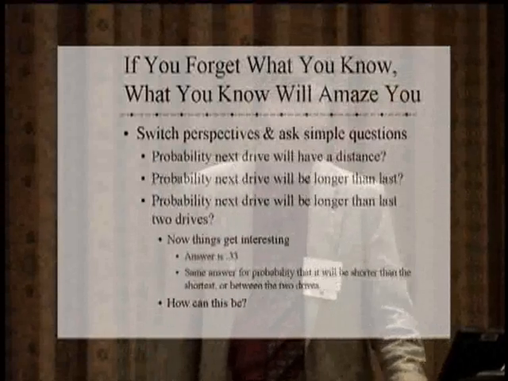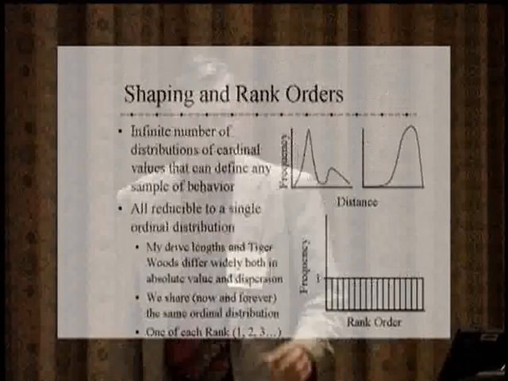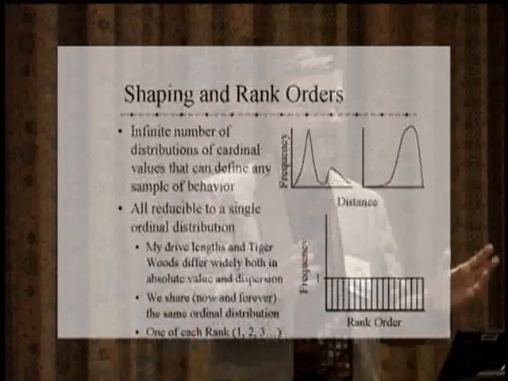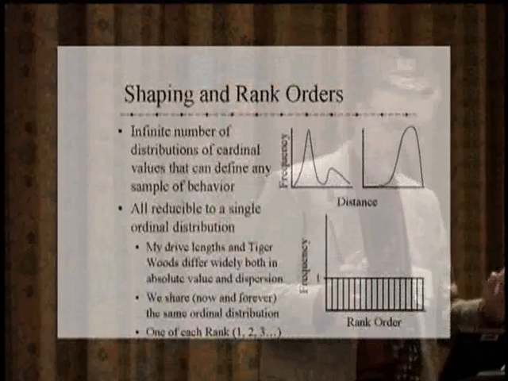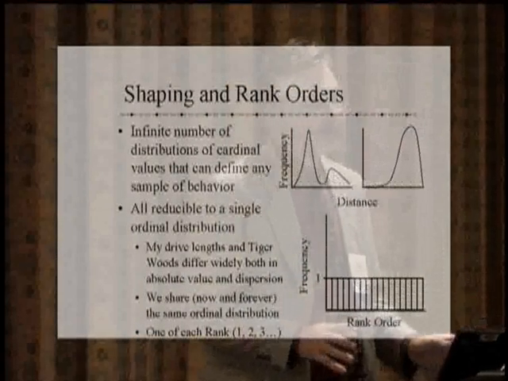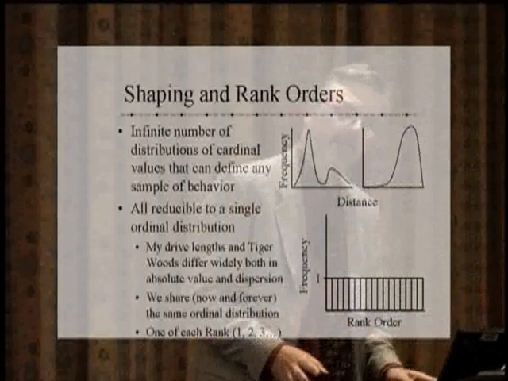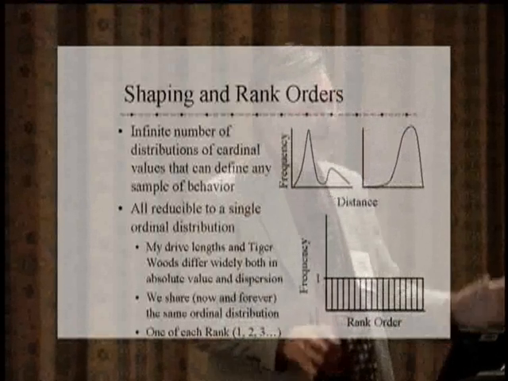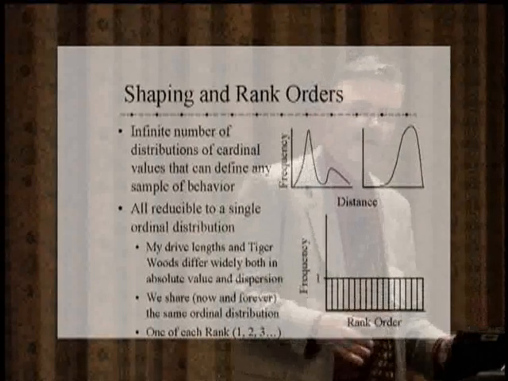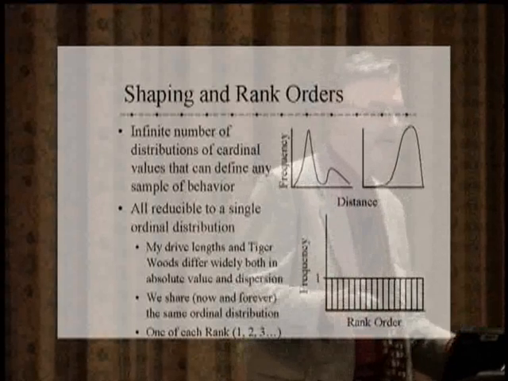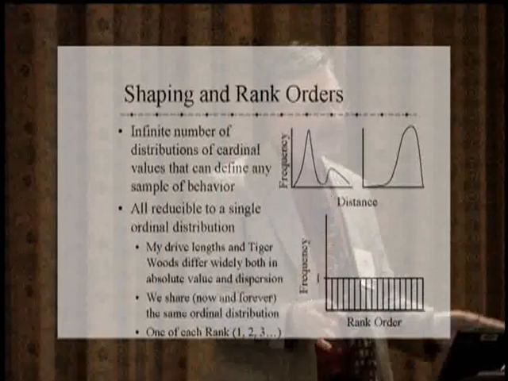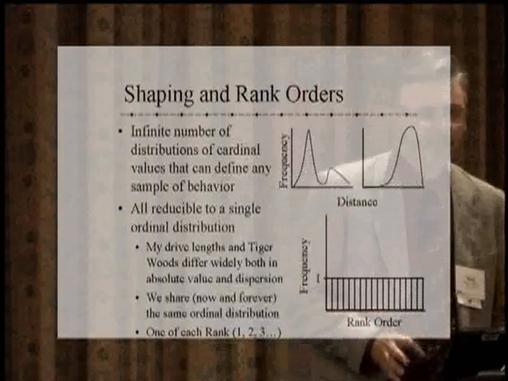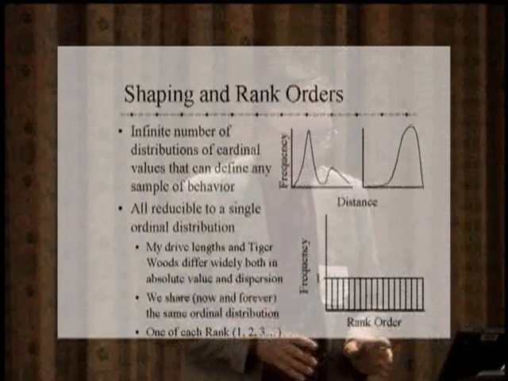How can that possibly be? The problem is we're thinking of cardinal values. There are an infinite number of distributions of cardinal values that can define any sample that we do. So if I go out to the driving range and hit drives all day long, and Tiger Woods goes up there, we will generate completely different, widely disparate distributions of drives.